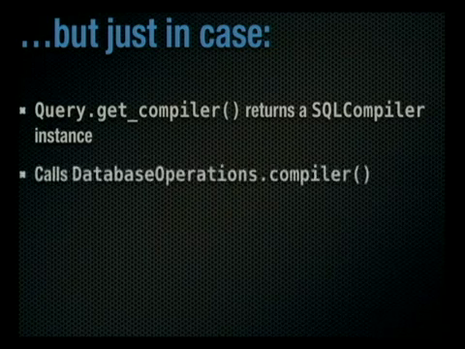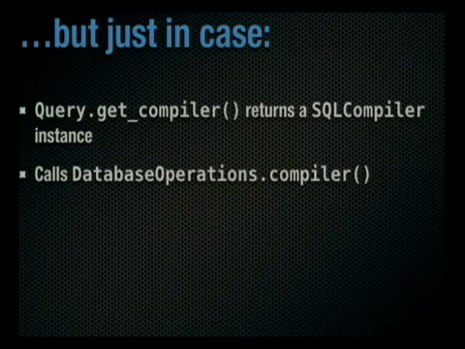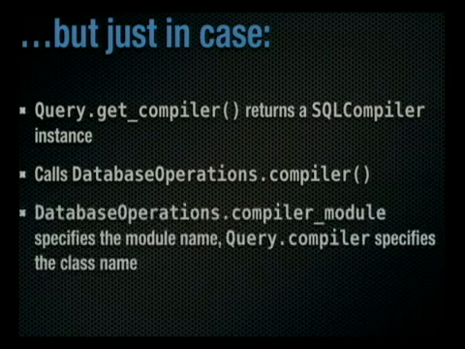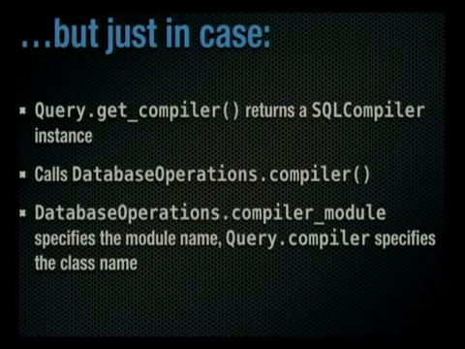What this actually ends up doing is calling the compiler method of the database operations class of the database backend, which returns the, not quite the full path. Compiler module is the attribute that specifies the module name. Then query.compiler is going to have the class name.